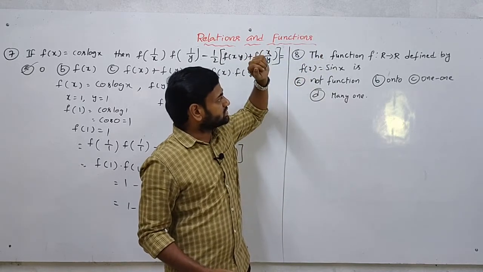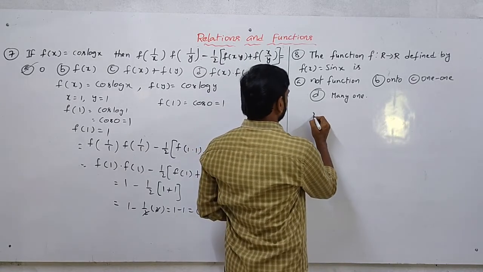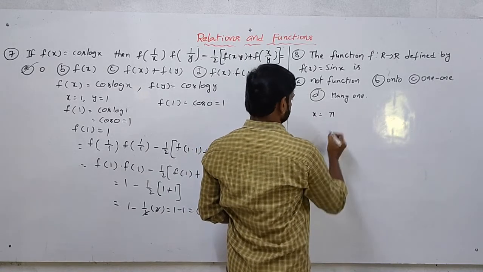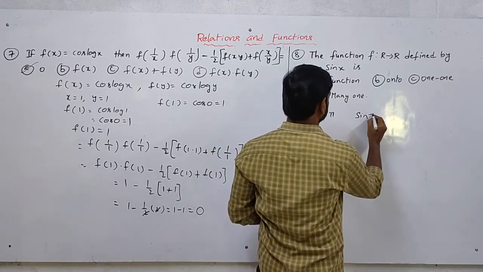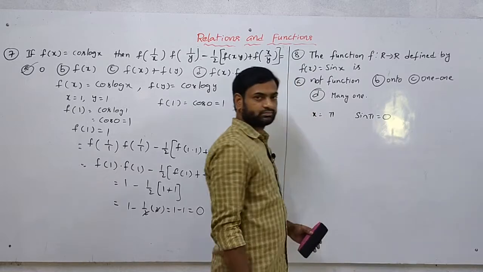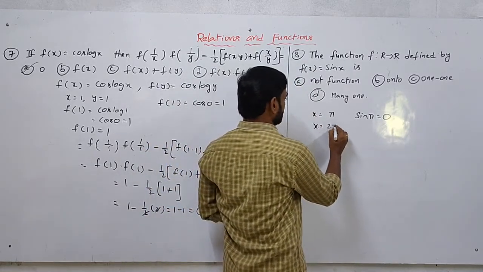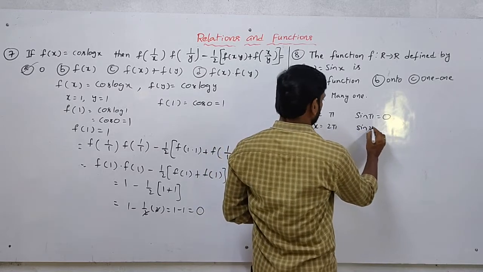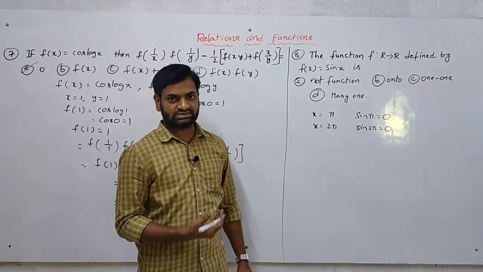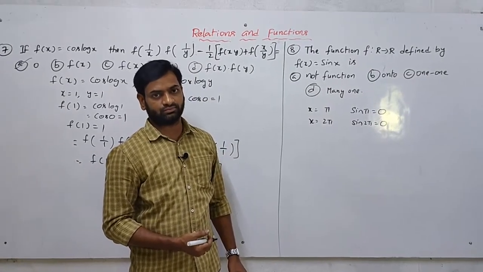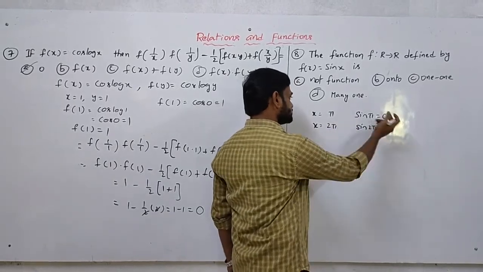Otherwise simply we can say, suppose I take x as pi, then sin pi is 0. Suppose x is 2 pi, sin 2 pi is 0, because sin n pi is 0. So sin pi is 0, sin 2 pi also 0.